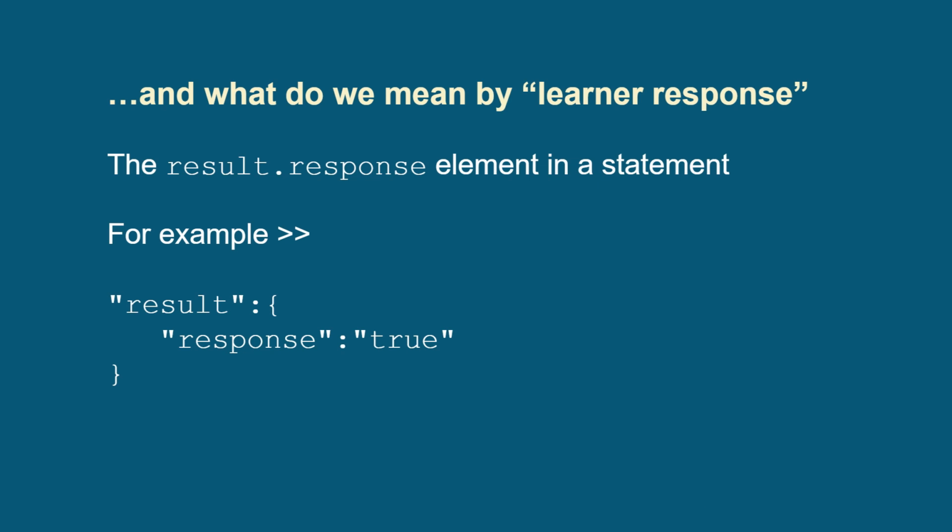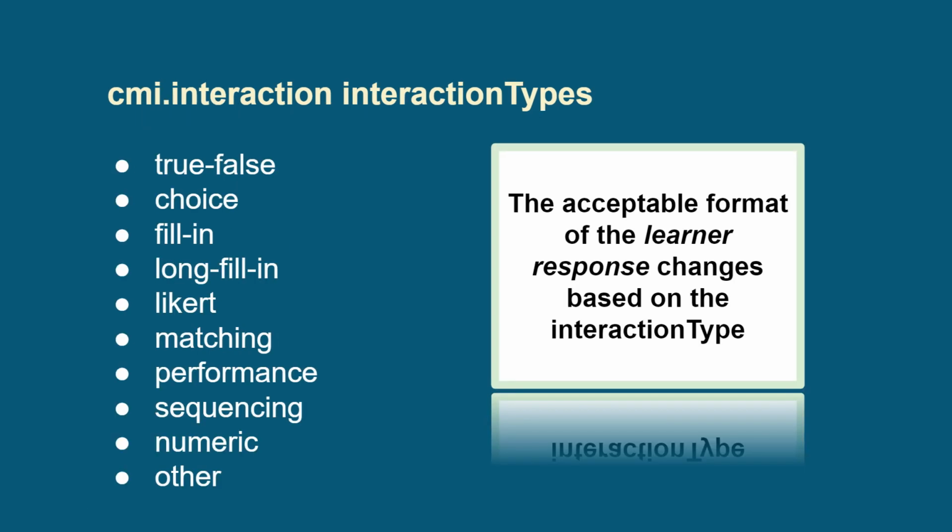What do I mean by learner response? Again, just reviewing this, we're talking about the result response part of a statement. That's this section down here, result response. In this case, the value is true, so it's very likely from a true-false question. The last time we went through true-false and choice, and now we're going to try to get through these other types today.